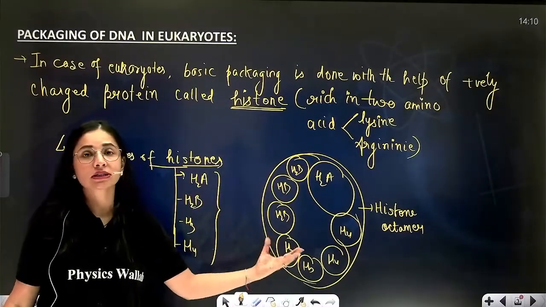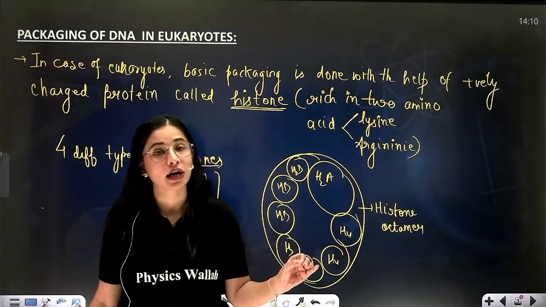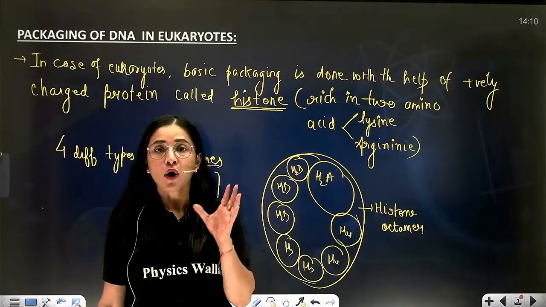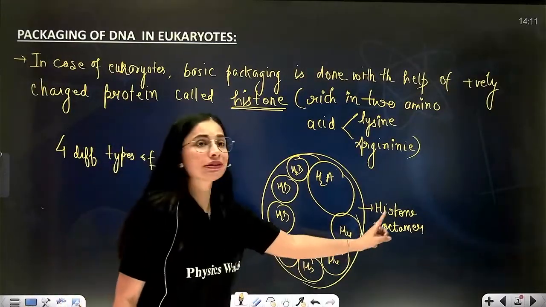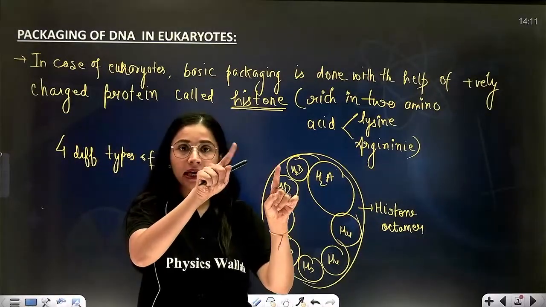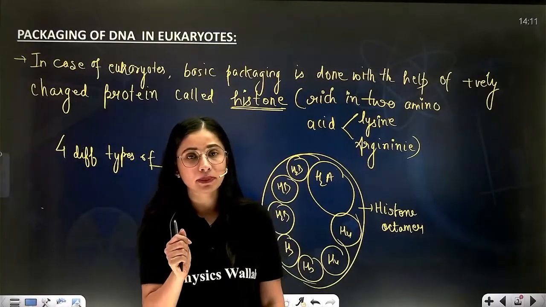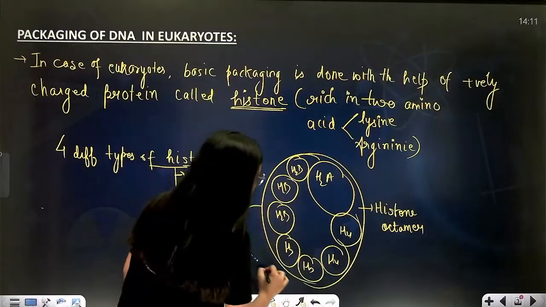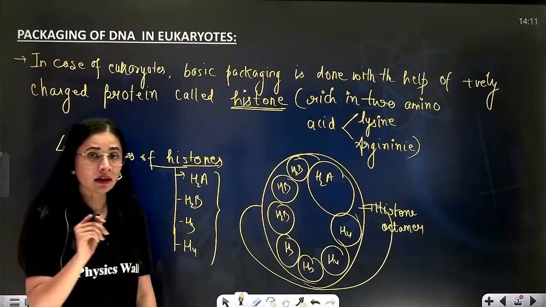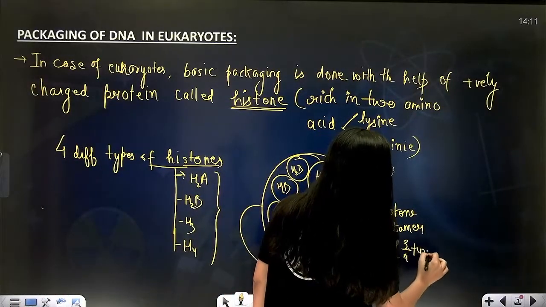Now this positively charged histone octamer is going to attract negatively charged DNA strands. Near about 200 base pairs of DNA wrap around this histone octamer in one complete turn and the second turn is 3/4. So near about 200 base pairs wrap around in 1 whole 3/4 turns.